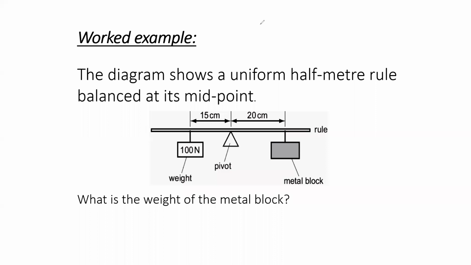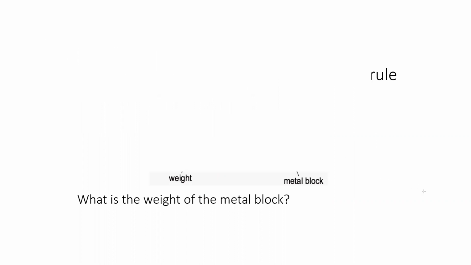And using the moment idea, you can identify which objects are heavier and which are lighter. For example, you have a beam, and it is pivoted at the center.